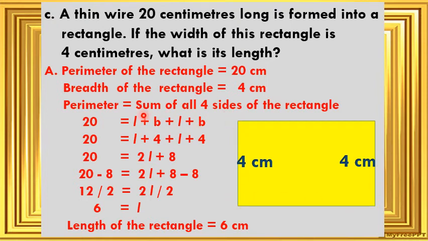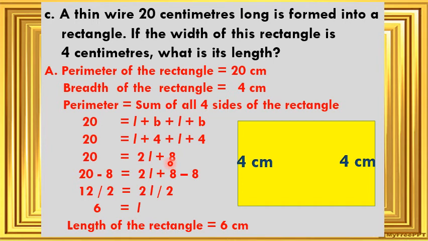Perimeter is 20 and four sides are L plus B plus L plus B, that is length plus breadth plus length plus breadth. But B, that is breadth, is given as 4 centimeters. So 20 equals L plus 4 plus L plus 4. That is L plus L is 2L and 4 plus 4 is 8. So 20 equals 2L plus 8.